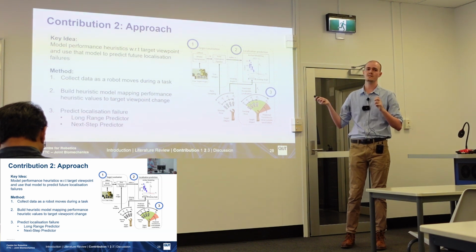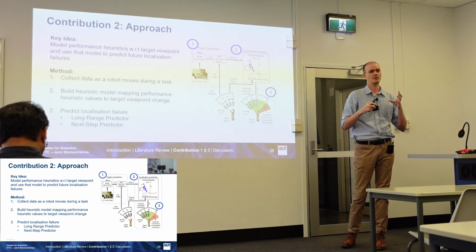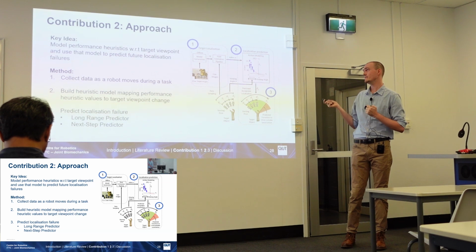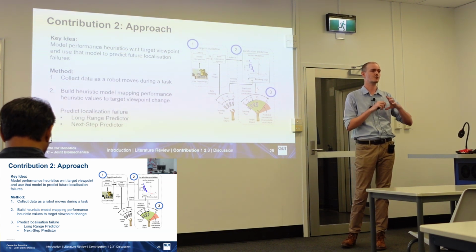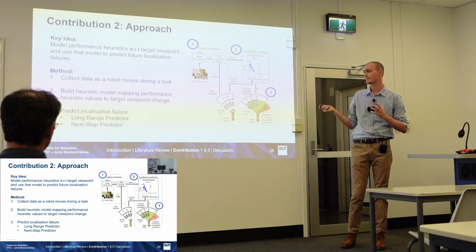We frame this model in a simplified case for a specific type of trajectory, treating it as a regression problem. Specifically, we use nonlinear least squares regression to fit a curve to the trend between target viewing angle and the number of RANSAC inliers we see at that target viewing angle.